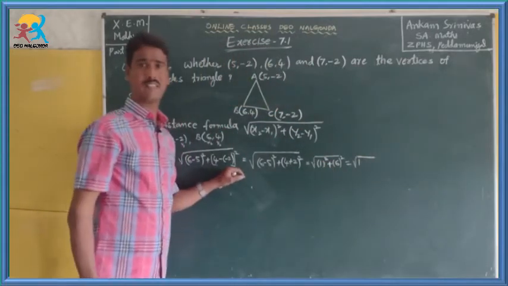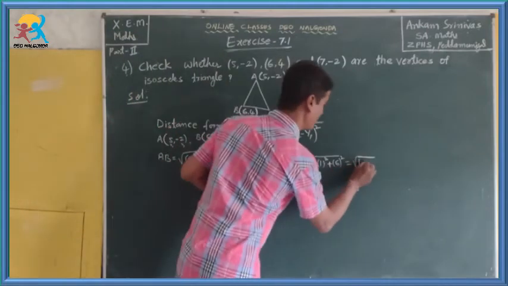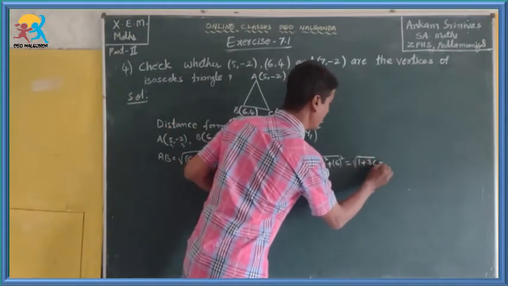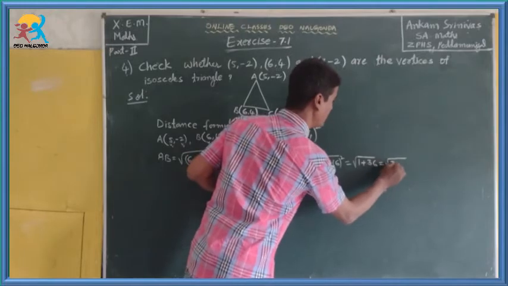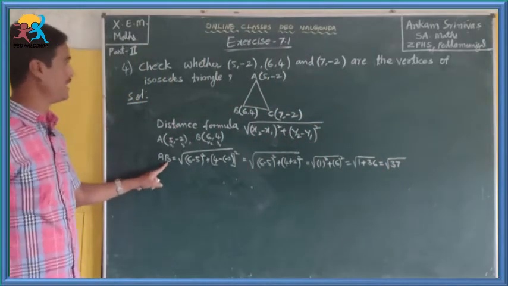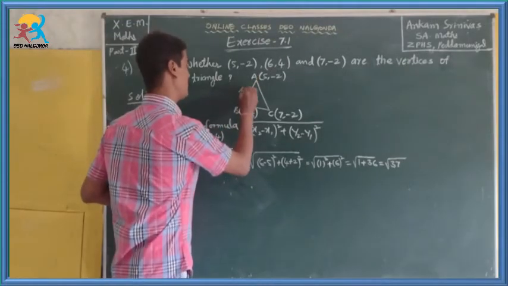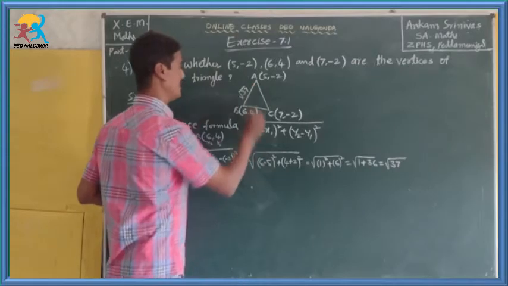And 6 square, 6 into 6, 6 sixes are 36, plus 36. We will get the square root of 37. Now the length of side AB becomes square root of 37.